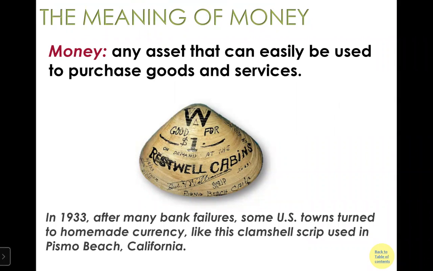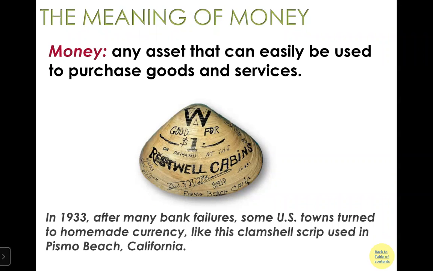First of all, money is defined as any asset that can easily be used to purchase goods and services. Okay, so there are a couple of things inside this definition. First, money is an asset, a financial asset.